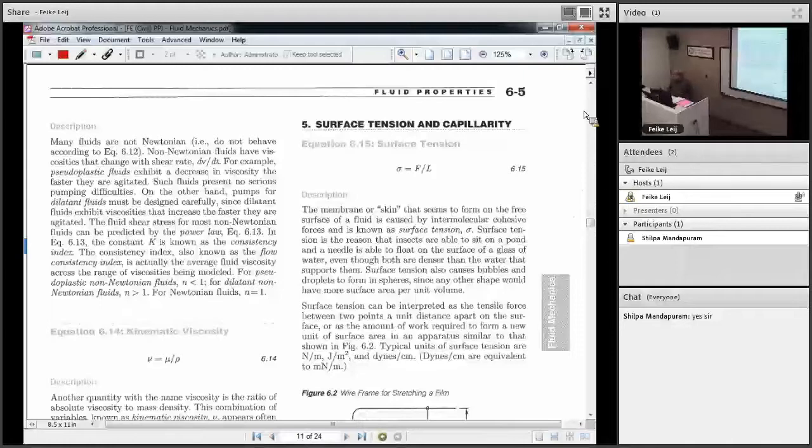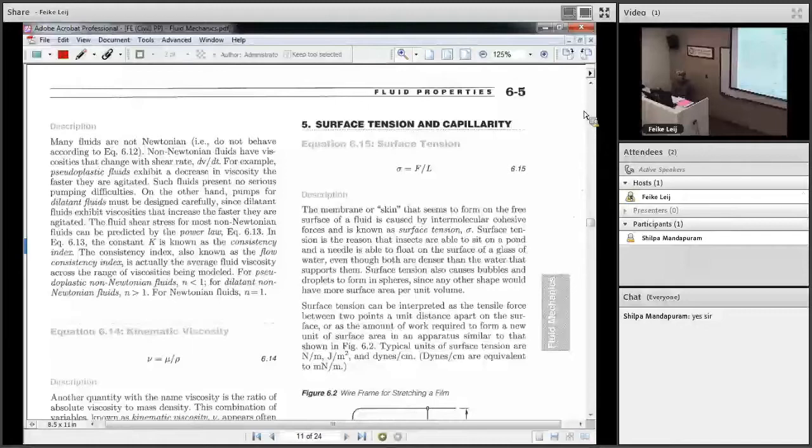The surface tension occurs at the interface of different fluids. Normally it's not a consideration, but if you have a confined area, for example, a straw with water and air coexisting, then there's going to be some curvature.